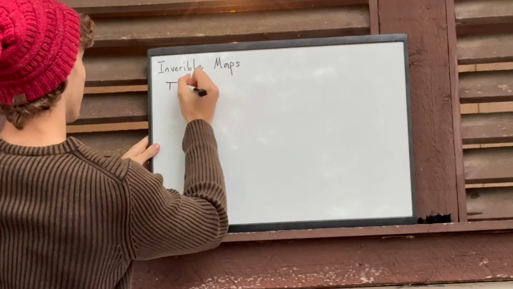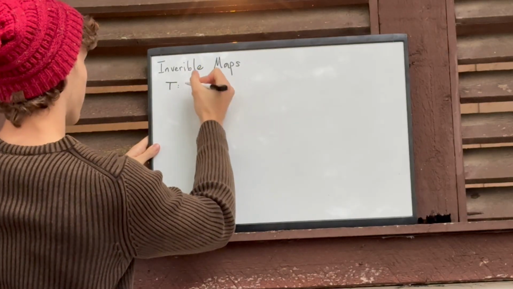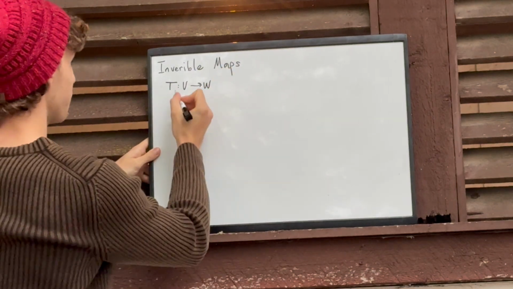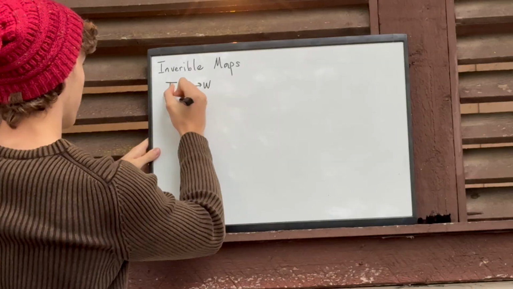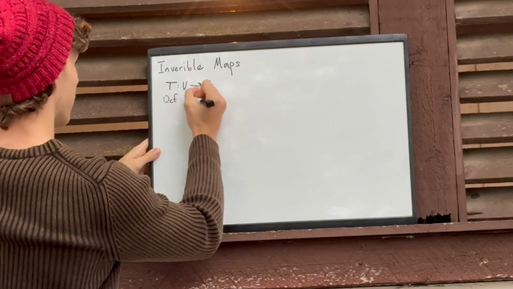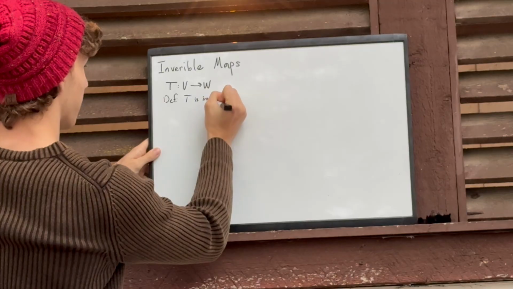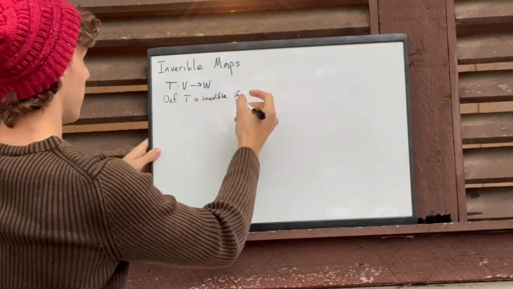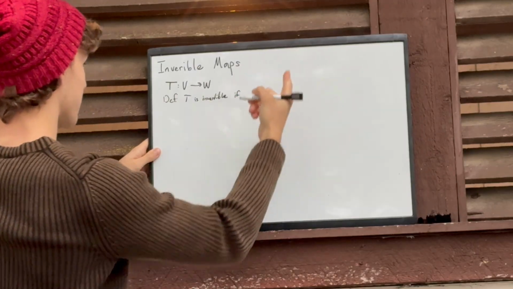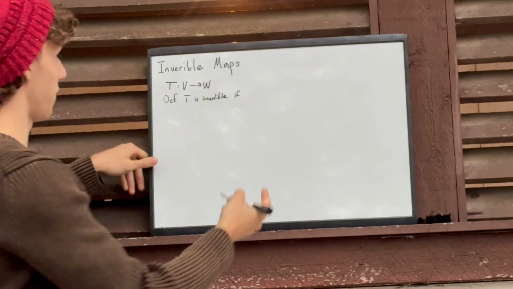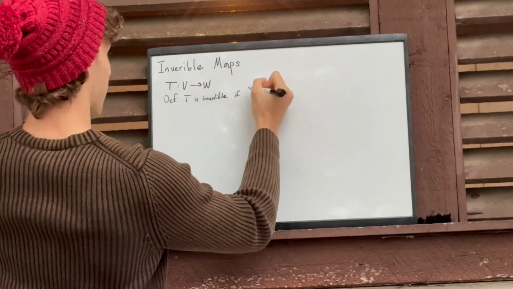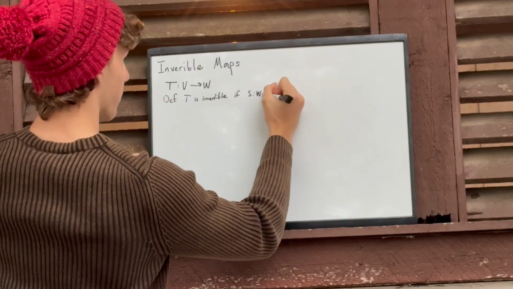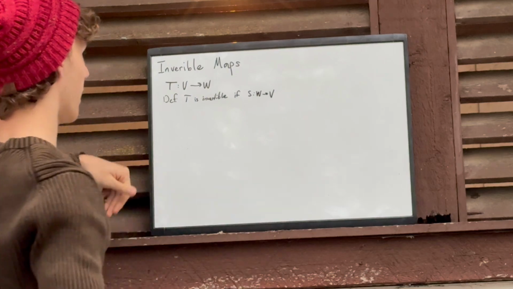So we're looking at some linear map T, let's say from two vector spaces, V to W. And we say, so this is a definition really, we say T is invertible if there exists some kind of inverse function, so if there exists some S from W to V, all right?